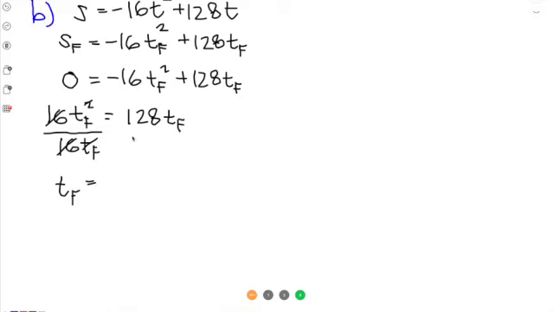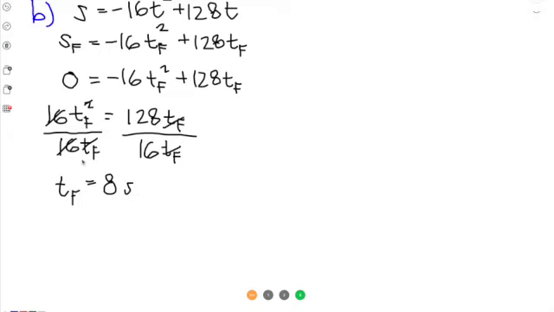That will just be equal to, let's divide this one with 16 tf as well. Okay, so this is cancelled. 128 divided by 16, that would be 32, 64, 120. Okay, that would be 8, right? Okay, that would be 8 seconds.